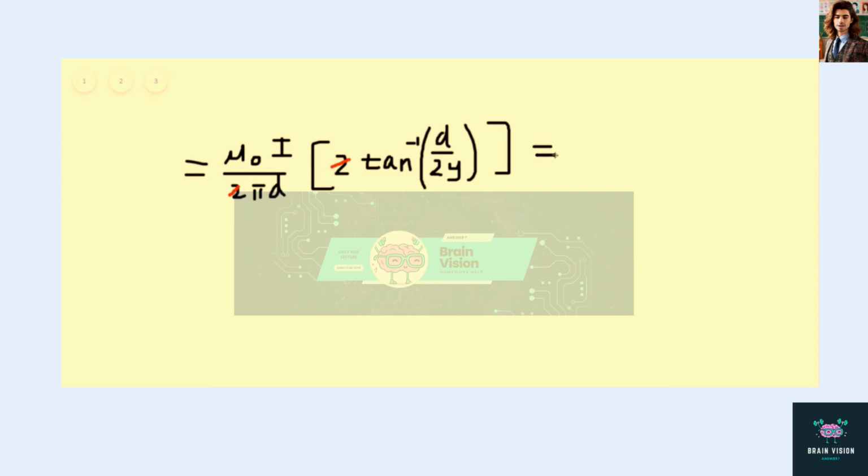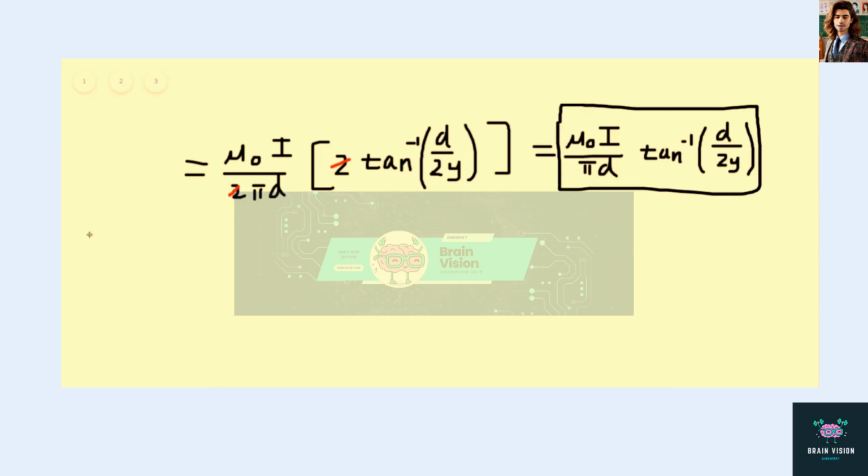And you're left with the answer we were looking for. This leaves you with mu naught times I divided by pi times d times the inverse tangent of d over 2y. And that's what we were asked to show or prove for part A, so we can go ahead and box that in.